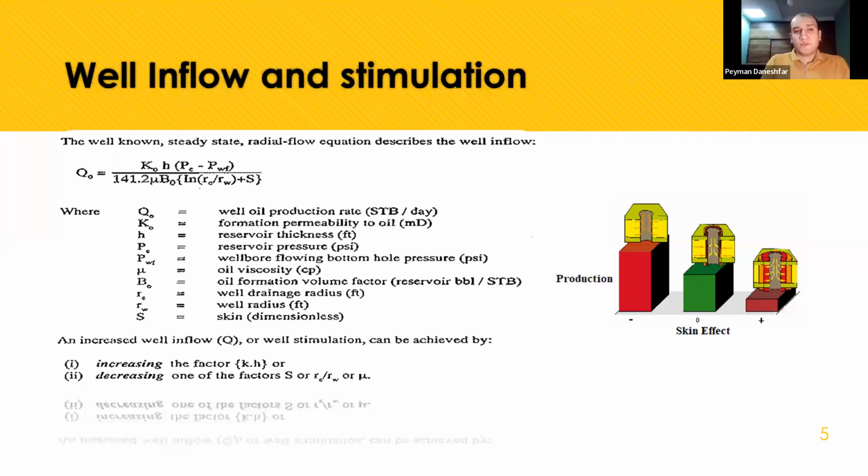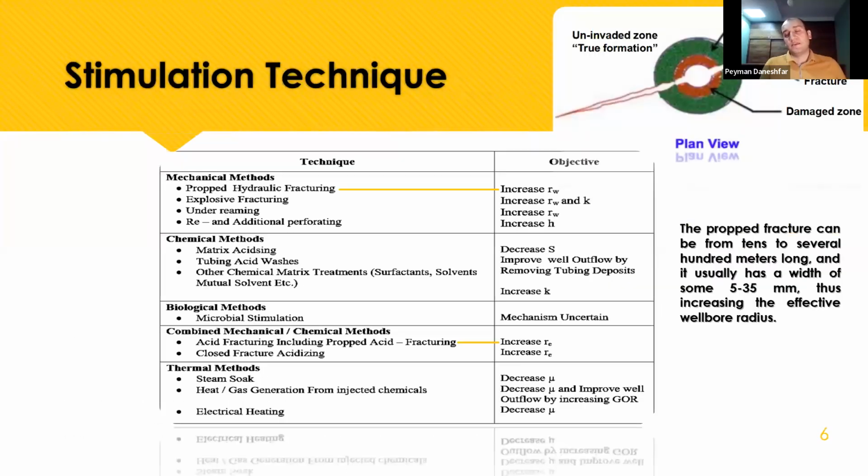Another technique, acid fracturing, increases your drainage radius. The propped fracture can be from tens to several hundred meters long, and it usually has a width of some 5 to 35 millimeters, thus increasing the effective wellbore radius.